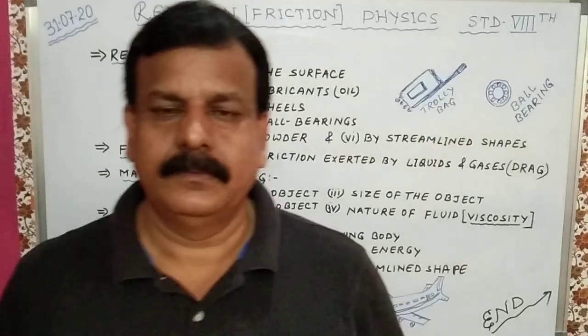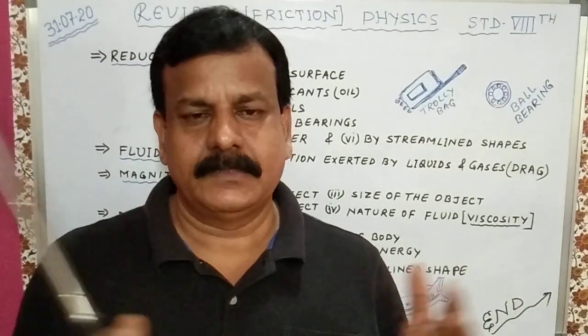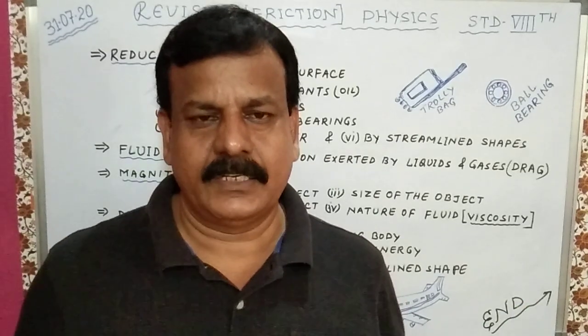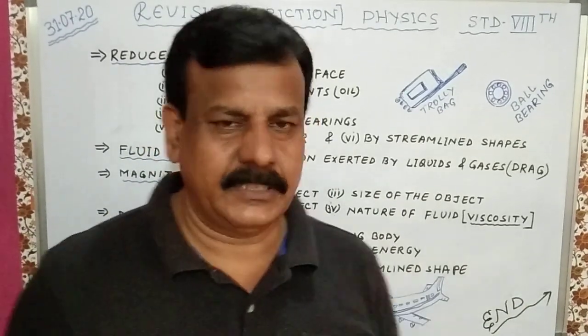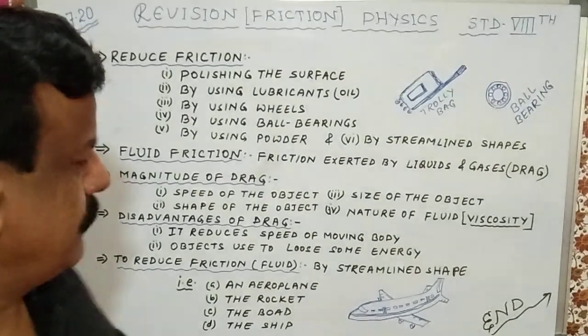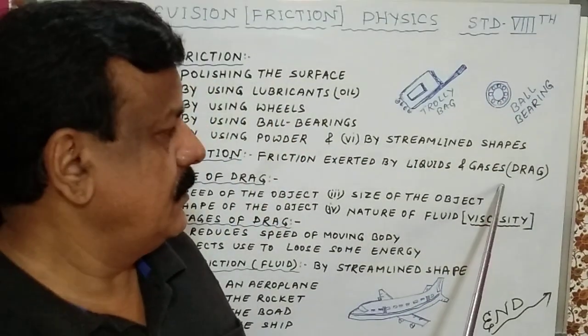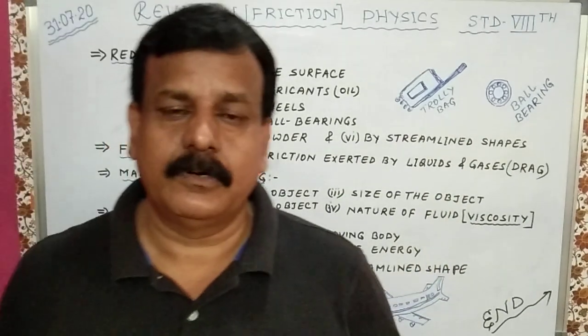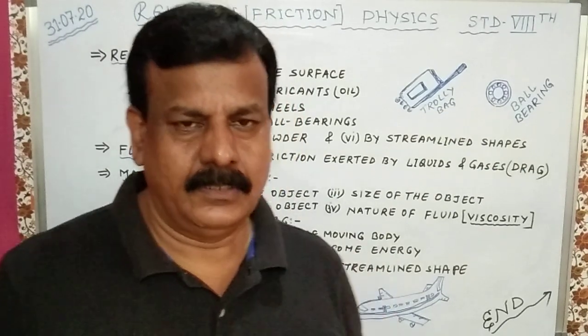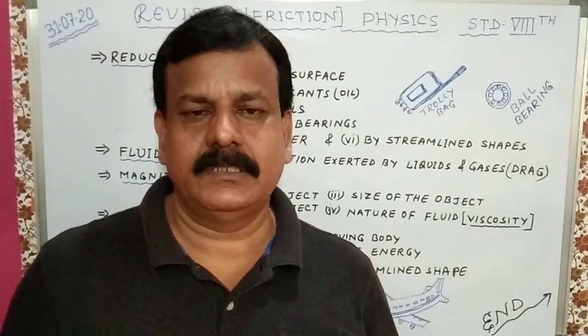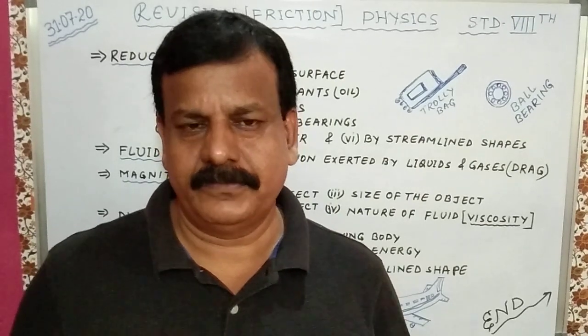Size of the object: bigger size means big contact area, so high friction. Smaller size, less friction. Now shape of the body, streamline shape. If a body has a streamline shape, then it reduces the friction, and if it doesn't have a streamline shape, then it increases the friction.